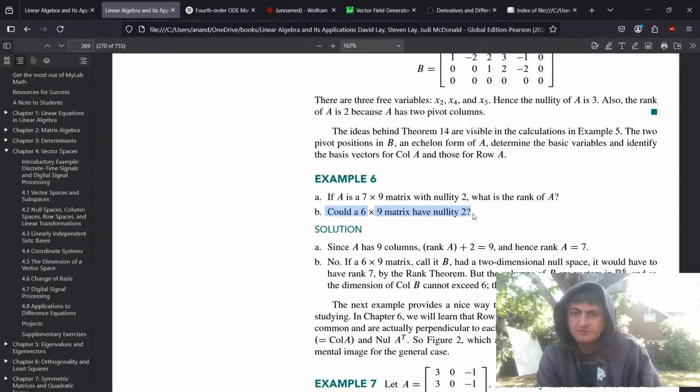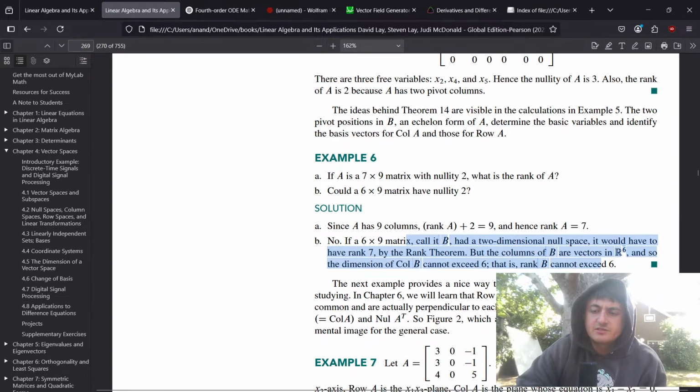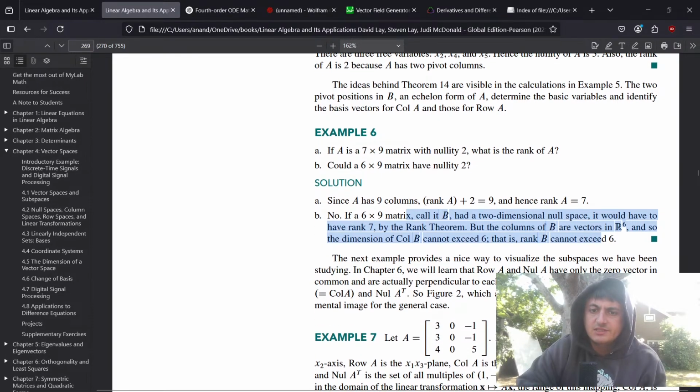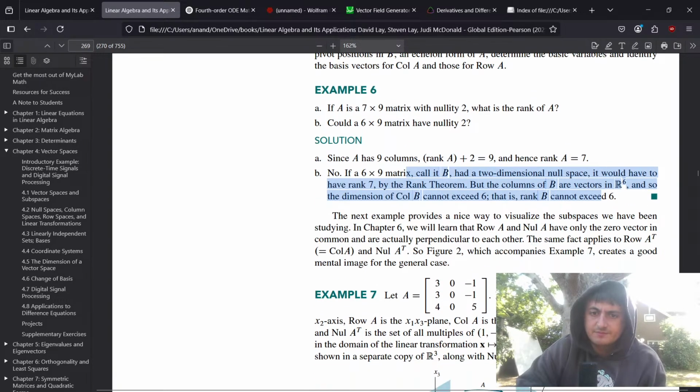But the columns of B are vectors in R6, and so the dimension of Col B cannot exceed 6.